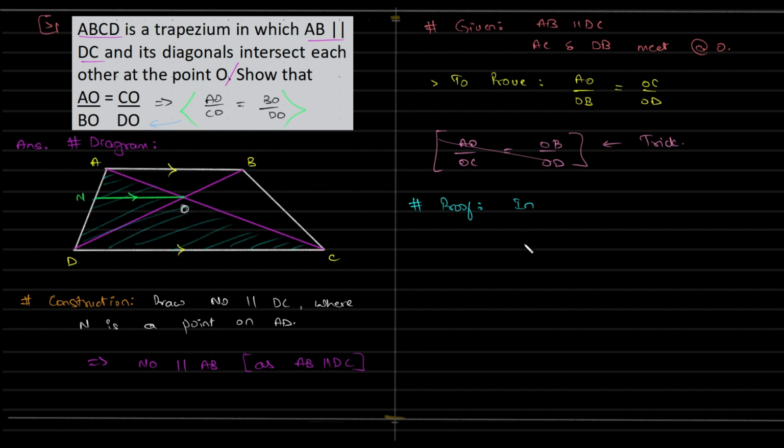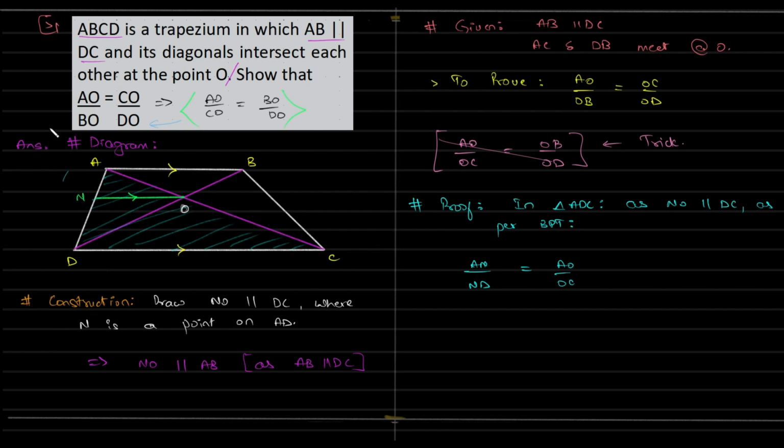So in triangle ADC, as NO is parallel to DC, as per BPT, AN by ND is equal to AO by OC. Right? Very simple.